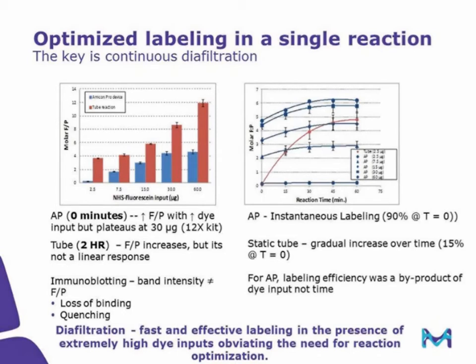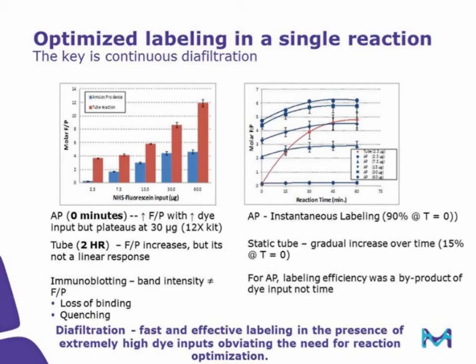Here, labeling kinetics were determined under different conditions using 50 micrograms of anti-GAPDH antibody and NHS fluorescein dye. For the Amicon Pro device, reactions containing 2.5 to 60 micrograms dye were assessed. For the standard reaction performed in a 1.5 ml tube, labeling was carried out using the standard dye input in a 50 microliter reaction volume.